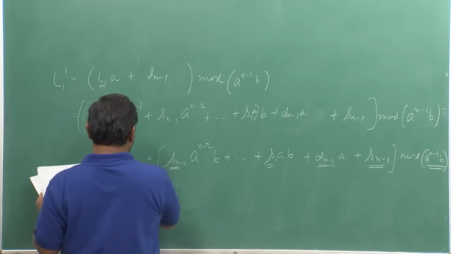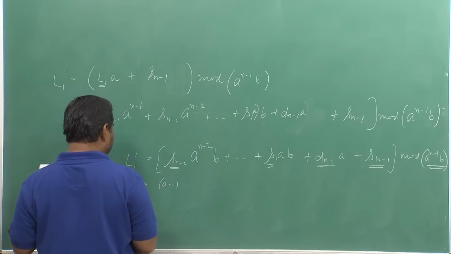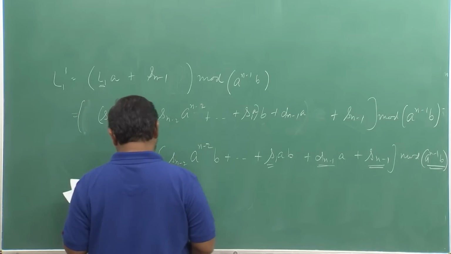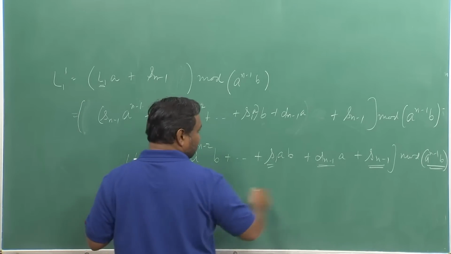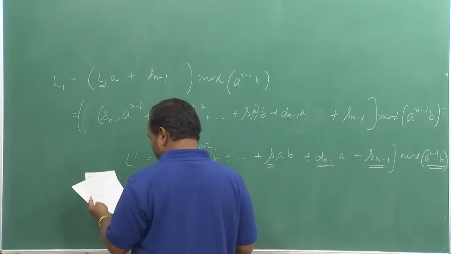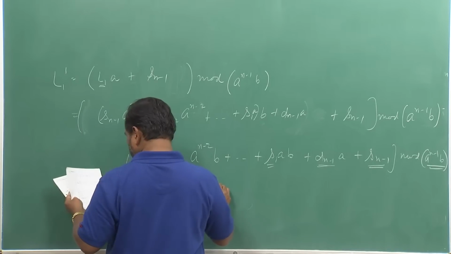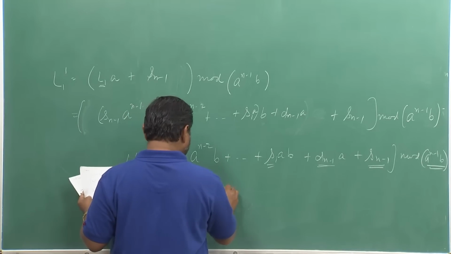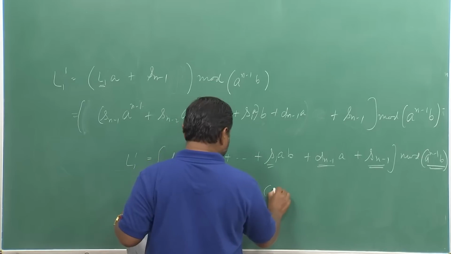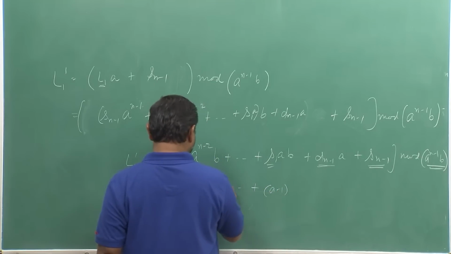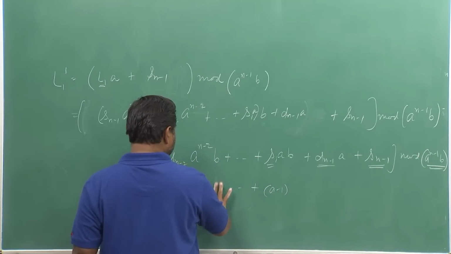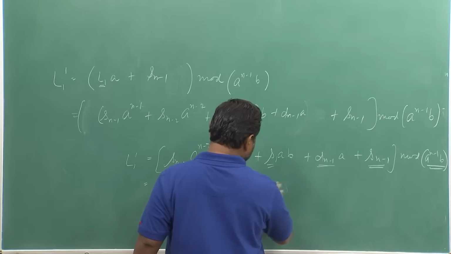So, worst case value of L1 prime I am trying to estimate. Okay. So, I am only looking into this part, so modulo part we will look into later on. So, A minus 1 A raised power n minus 2 into B, so in fact I can take it out.